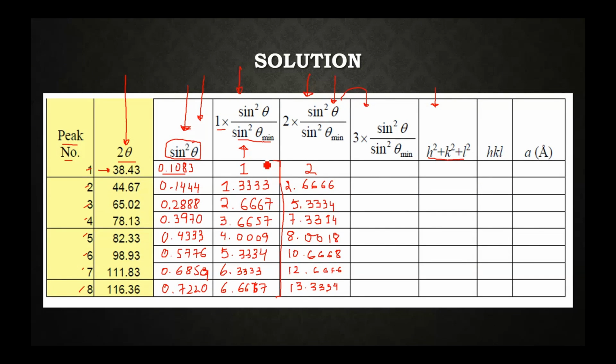So what you do is multiply the values by 3 for this column. You have to multiply the values in the first column, 1 into sine square theta over sine square theta minimum, by 3, not the values in the second column.